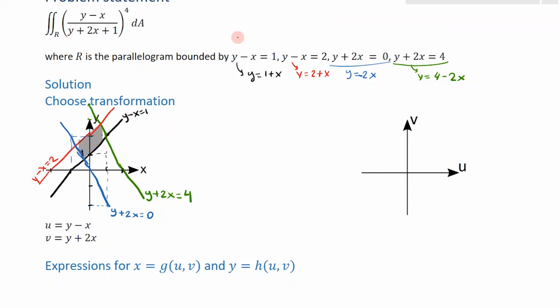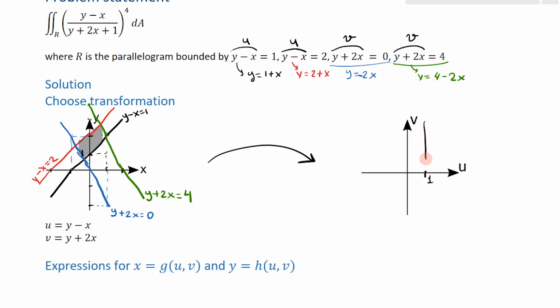Now the way the question is written immediately suggests a transformation that we could use: u equals y minus x. This way this would become u. And then v being y plus 2x, this would make this guy v. This will make a really nice transformed region because in this way, the line y equals 1 plus x, this black one, becomes u equals 1.